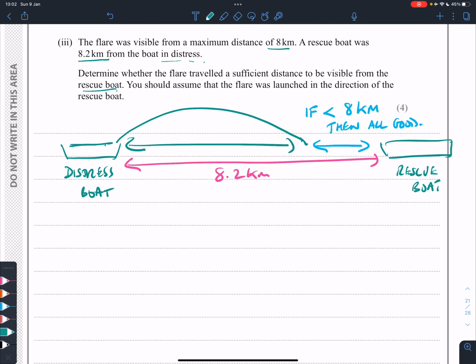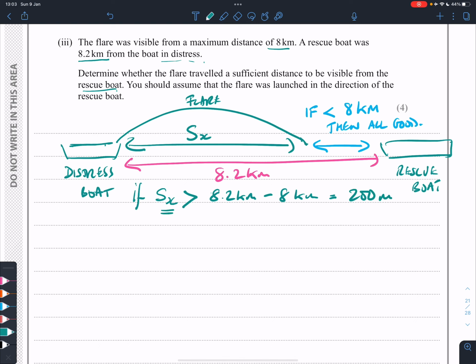I haven't drawn it to scale, but this distance here, which I'm going to call the horizontal distance, S_x, what we need is that the horizontal distance the flare travels is greater than 8.2 kilometres minus 8 kilometres, which is equal to 200 metres. So if the flare travels more than 200 metres, then it can be seen by the rescue boat.